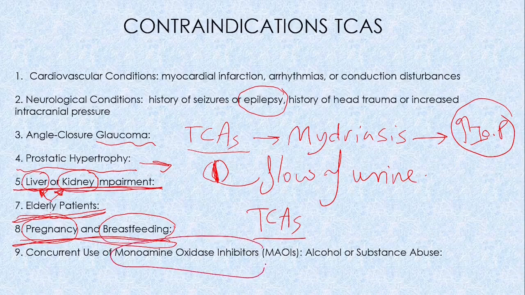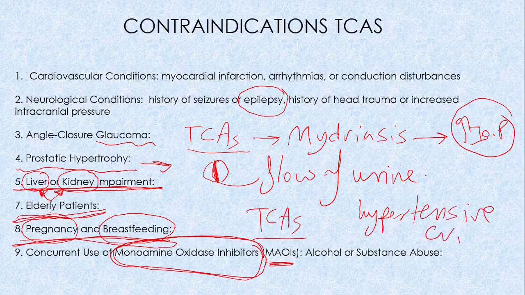Why? Because they can produce a severe increase in blood pressure and can produce hypertensive crisis, as we will explain, inshallah, in our next presentation. So TCA, tricyclic antidepressants, should never be given together with monoamine oxidase inhibitors.